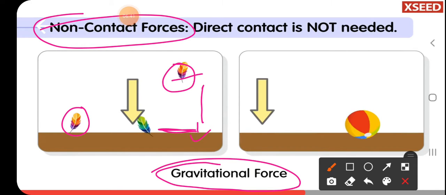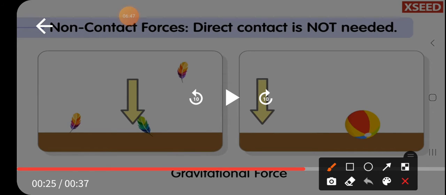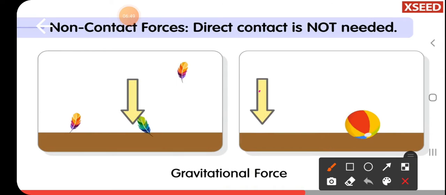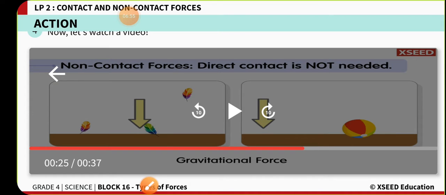Gravitational force is the best example for a non-contact force. Along with the gravitational force, magnetic force is also one of the best examples of non-contact forces. Okay, children? Yes.